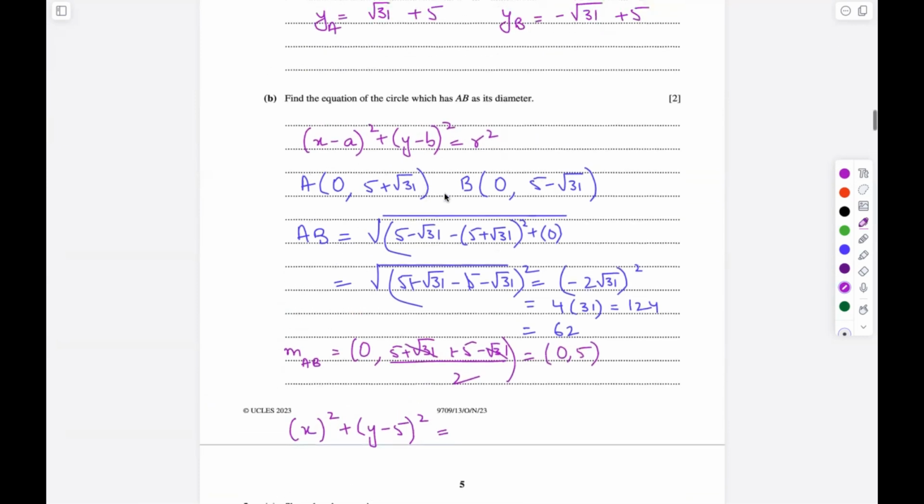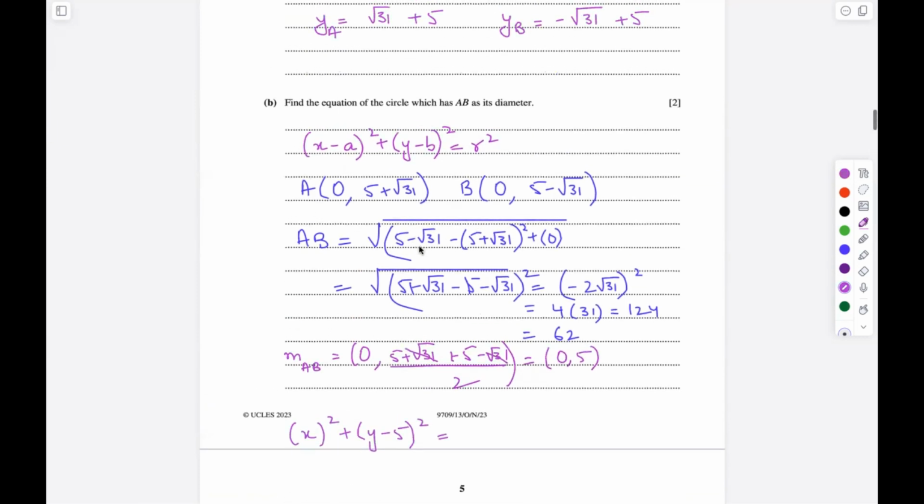Just a final correction over here. The distance is the square root of x2 minus x1 whole squared plus y2 minus y1 whole squared. So y2 is 5 minus root 31, minus 5 plus root 31. So this will become minus 2 root 31.